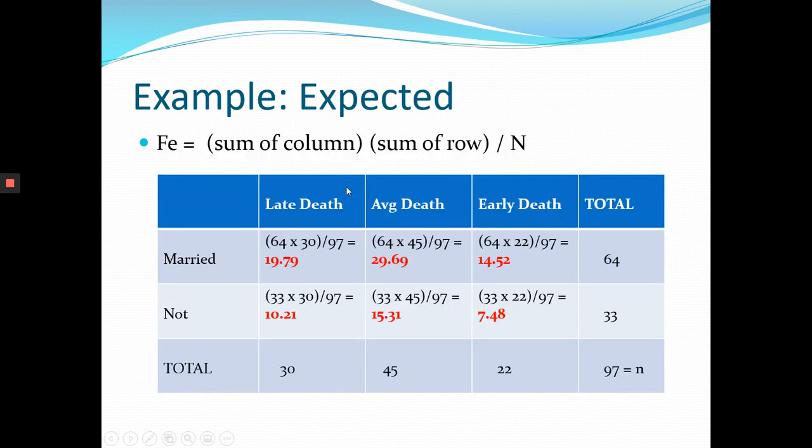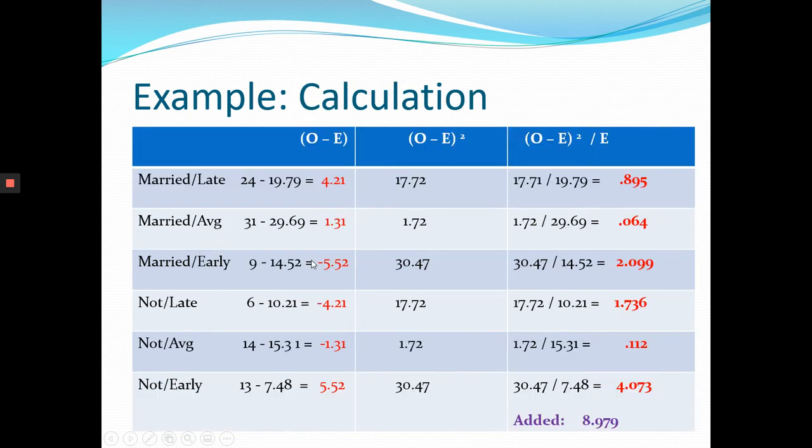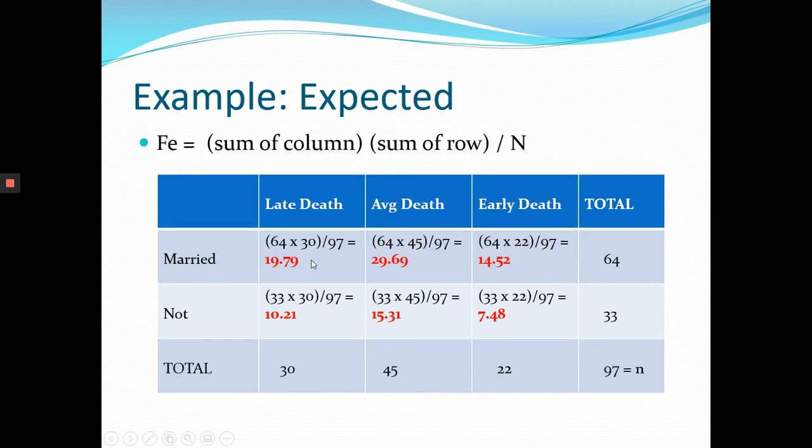So we have married men who die later right here. Sorry about that, every time I press on this laptop, it sometimes moves without me pressing anything. So in this cell, how many married men do we have in our sample? Well, we look down here, we have 64.